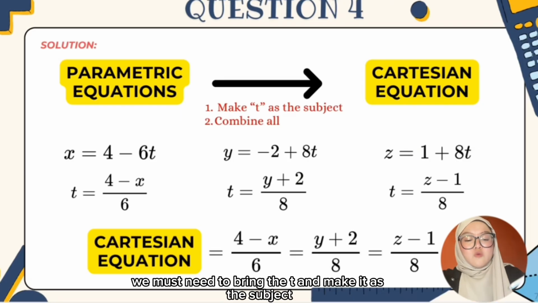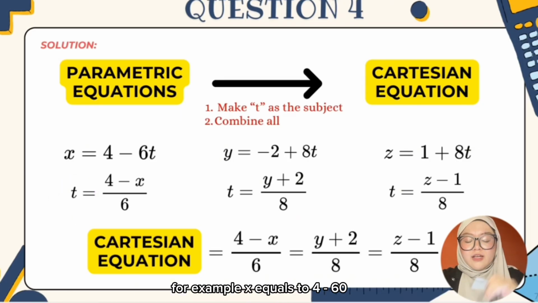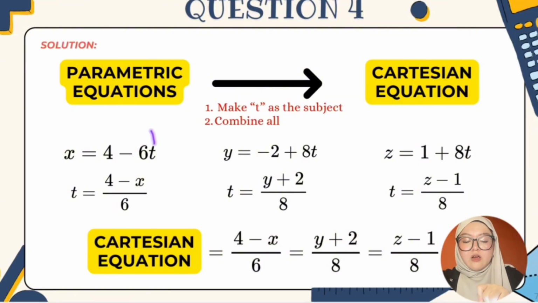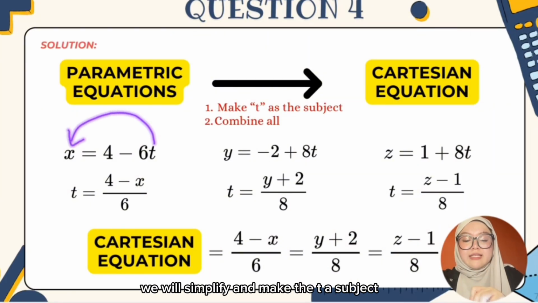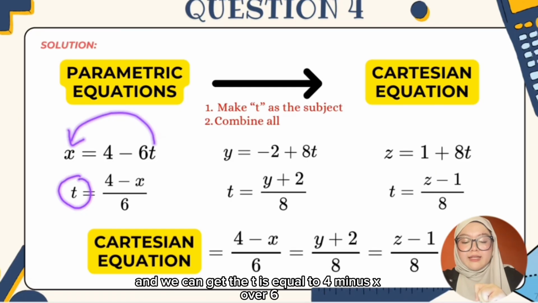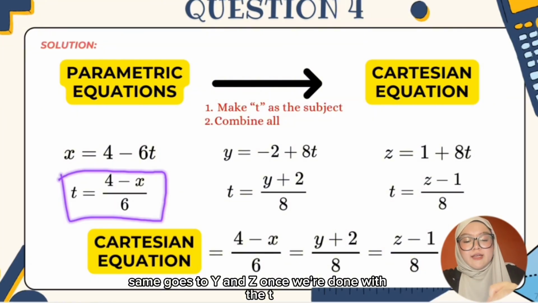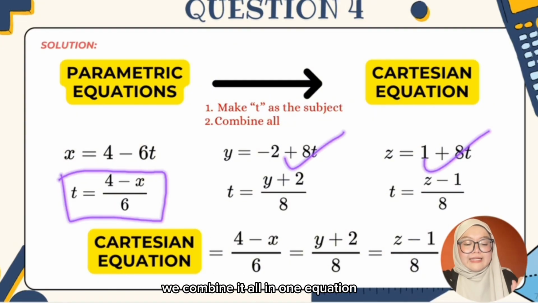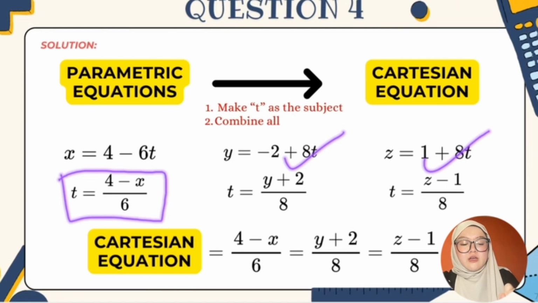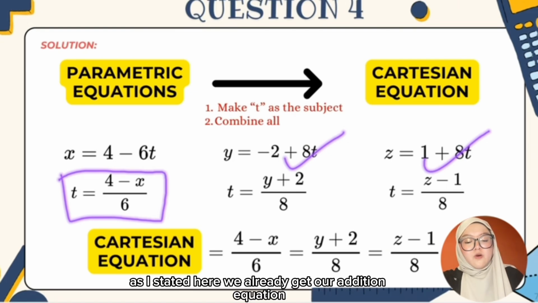We must bring the t and make it the subject. For example, x equals 4 minus 6t. We simplify and make t the subject, and we get t is equal to (4 minus x) over 6. Same goes for y and z. Once we're done with t, we combine it all in one equation. As I stated here, we already get our Cartesian equation.